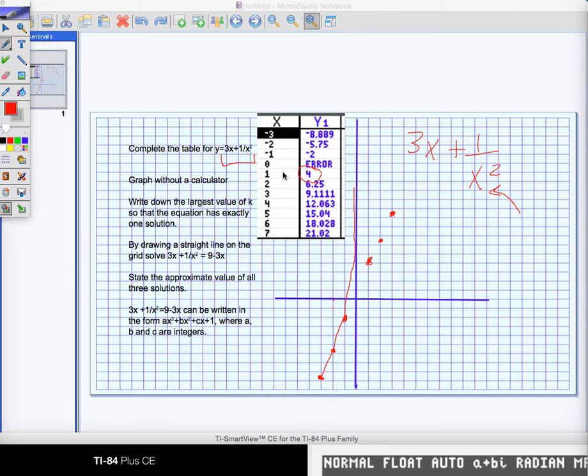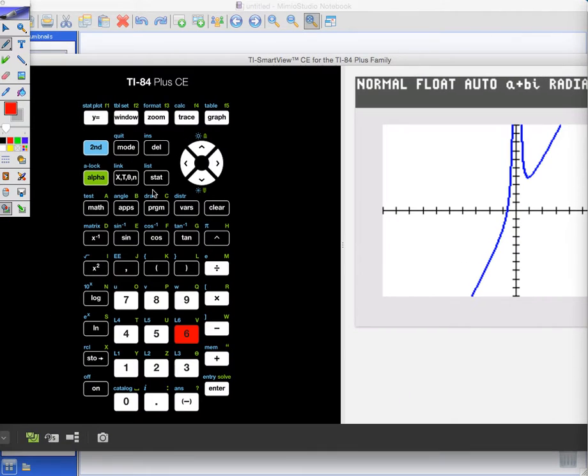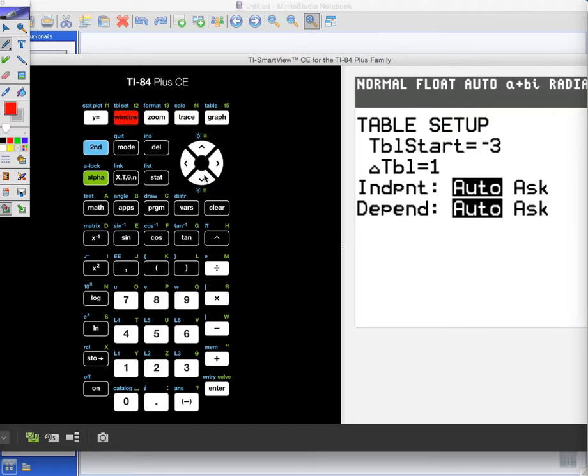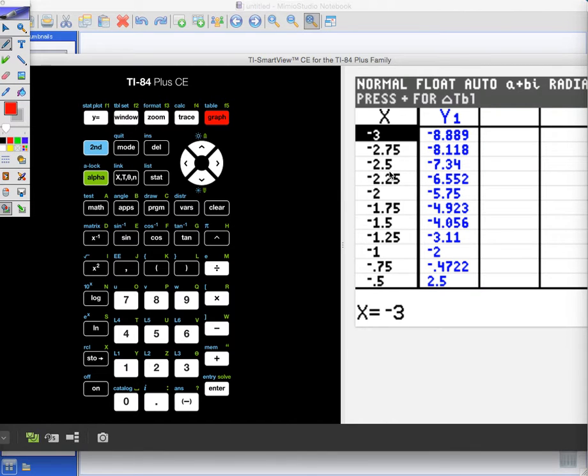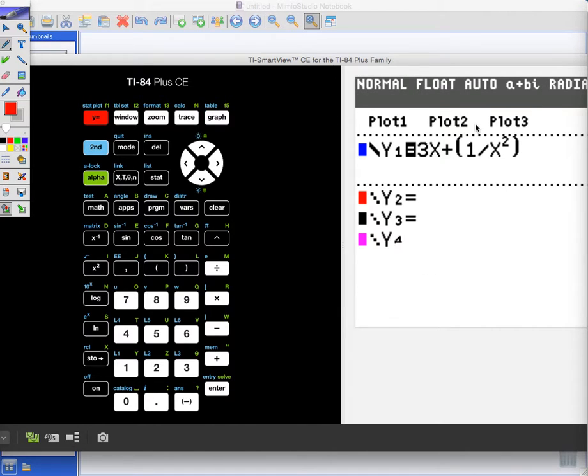So let's say we plugged in 0.5, just to get one more point there. And we can change the scale a little bit. So I'm going to change the scale to 0.25 and then hit second table. On the TI-84, I don't know if you're familiar with that or not, you can plug in your equation to y equals.